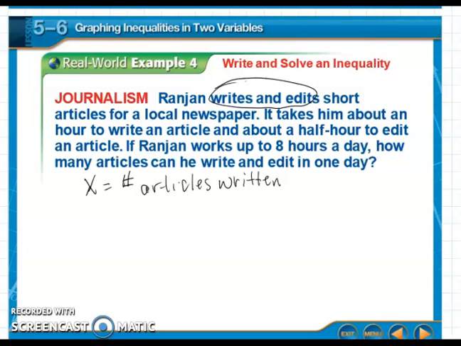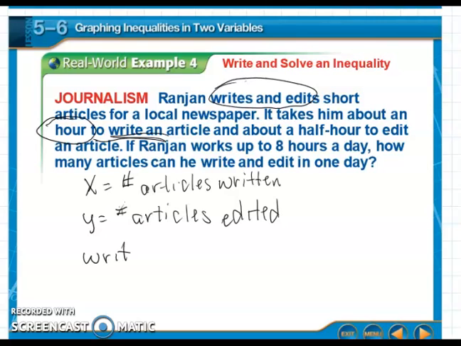We're defining the variable, so define y to be the number of articles edited. It says it takes him about an hour to write an article. So he's either writing articles or he's editing, right? And it takes about half an hour to edit an article.